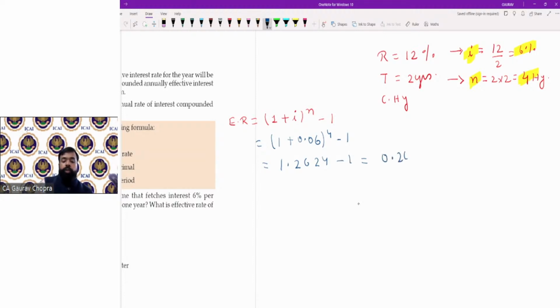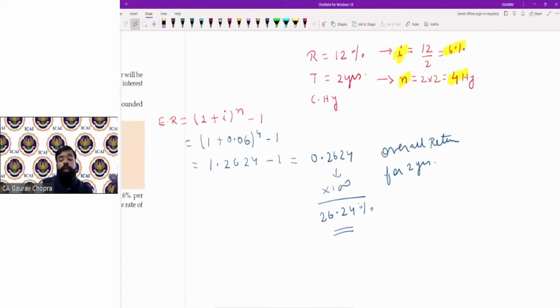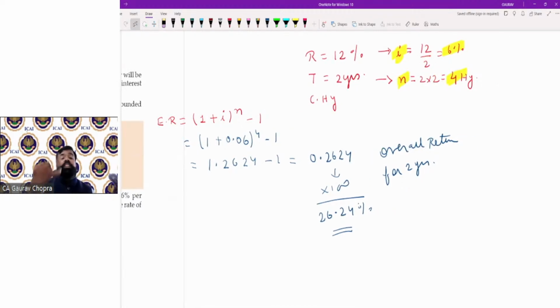That is 0.2624. This is the overall return for 2 years in terms of percentage. So if you want to convert this, multiply by 100, you get 26.24%. So just because of compounding, you get extra interest.